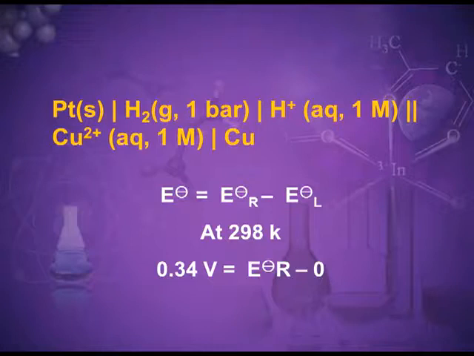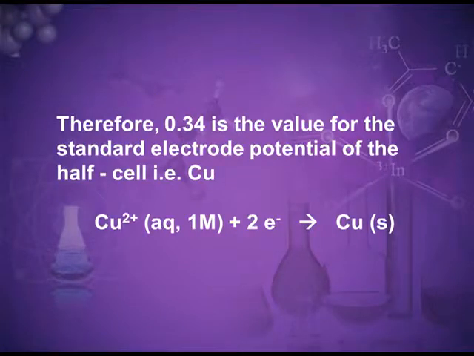Now simply using the formula E right minus E left, we write 0 for the hydrogen electrode. So E right, that is the potential of the right hand side electrode, is found to be 0.34 volts. This is the electrode potential of the copper half cell.